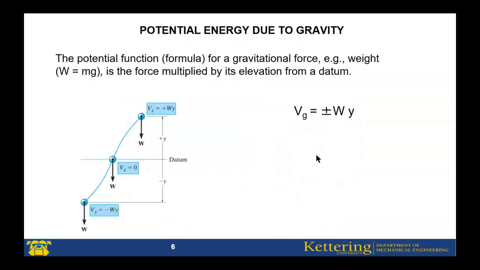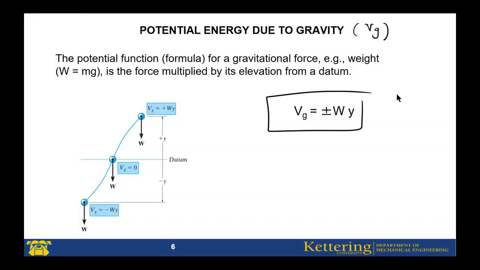First, the potential energy because of gravity. Vg is the potential energy because of gravity, and we can find it using this equation.